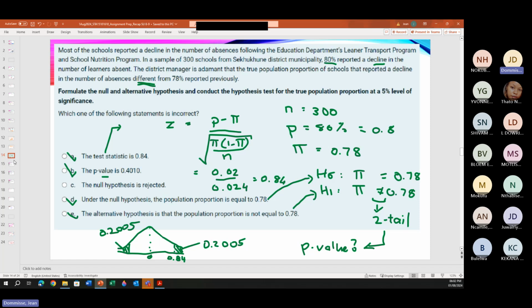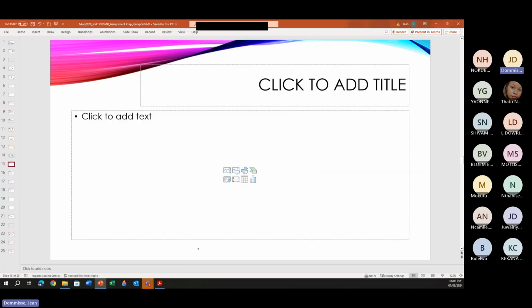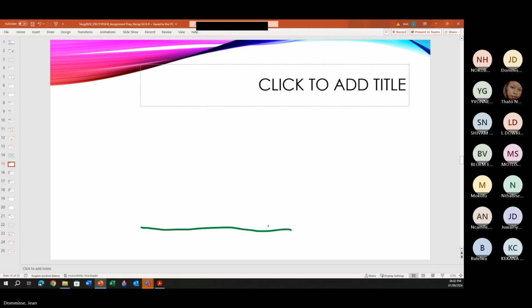Okay, and then the last one they tell us is the null hypothesis is rejected. So let's just clear this. Okay, so just imagine this is a normal distribution.